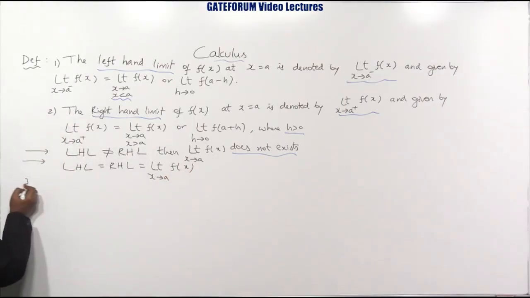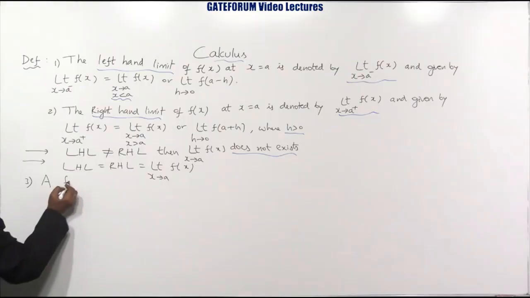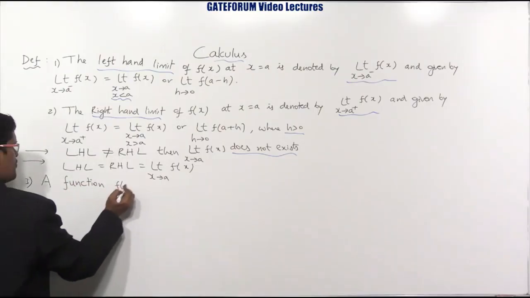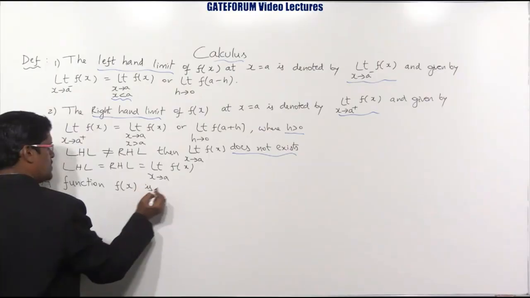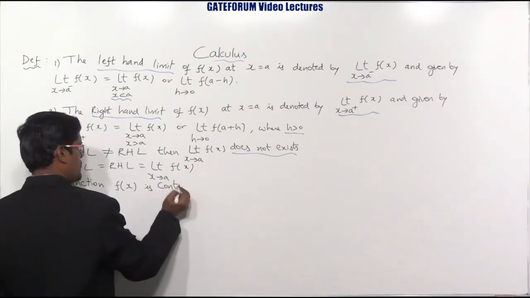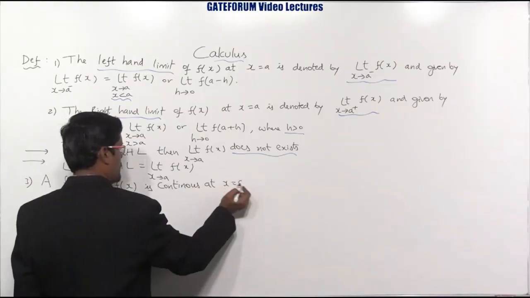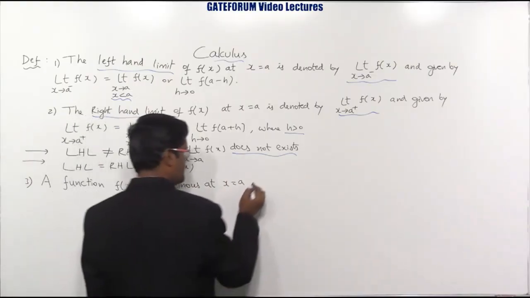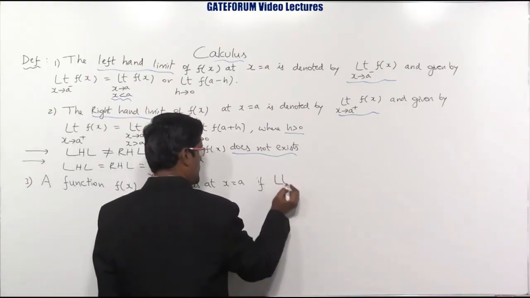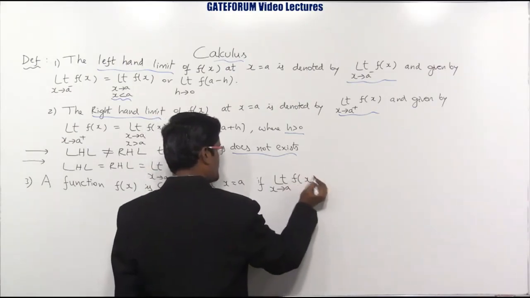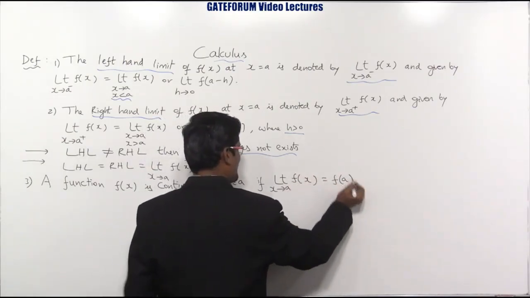Now number 3: a function f of x is continuous at a point x is equal to a if limit x tends to a of f of x is equal to f of a.